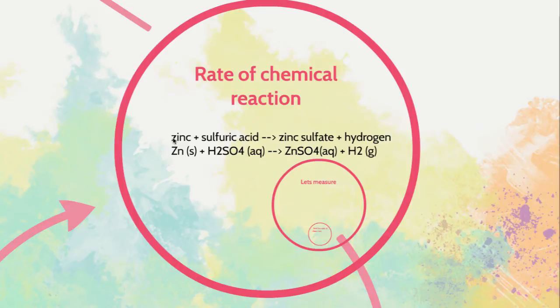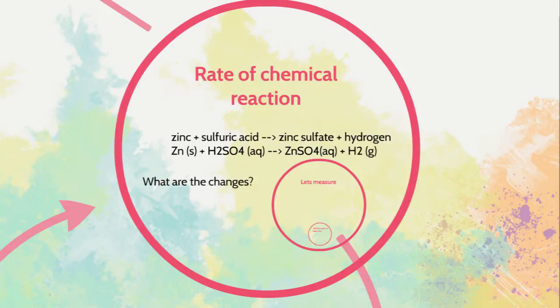To write the word equation as a chemical equation, zinc is Zn, and (s) means solid. Sulfuric acid we write as H2SO4, and (aq) means that it's in water, aqueous. The next one is zinc sulfate, which is ZnSO4, and hydrogen is H2, and (g) means it is a gas.